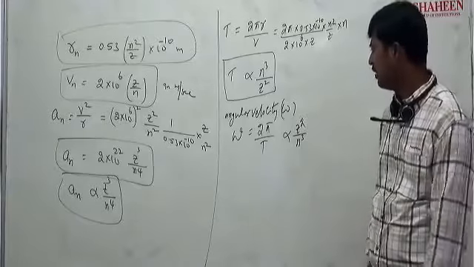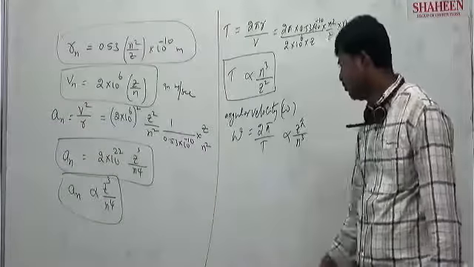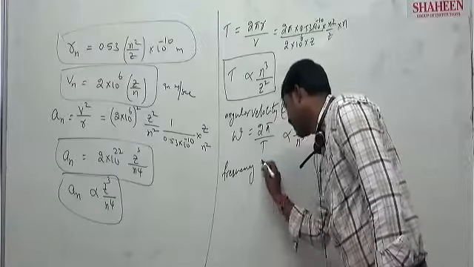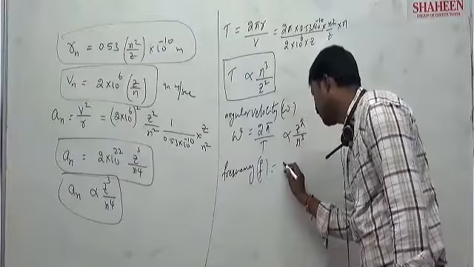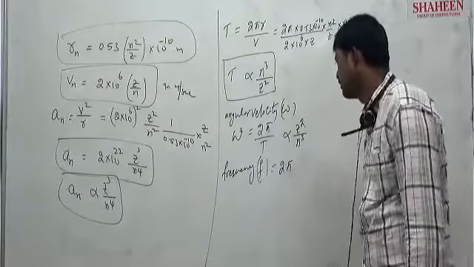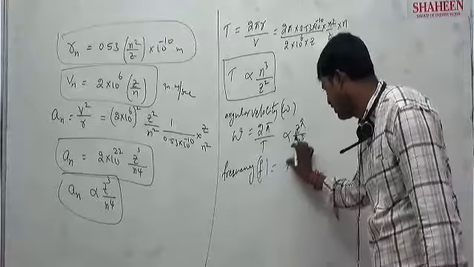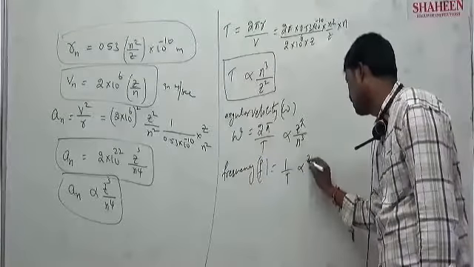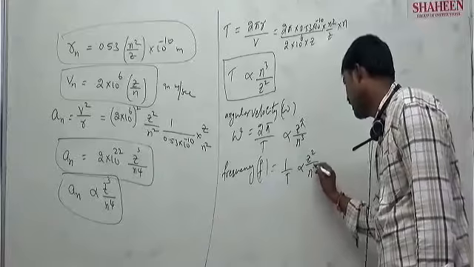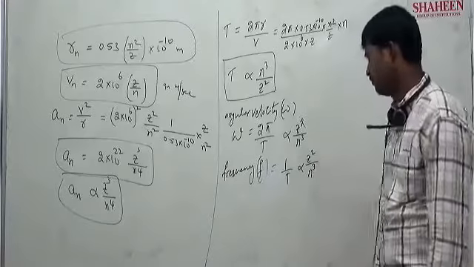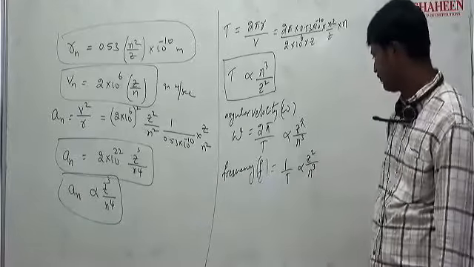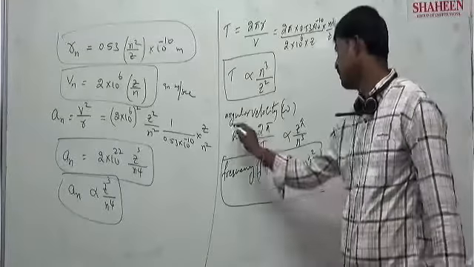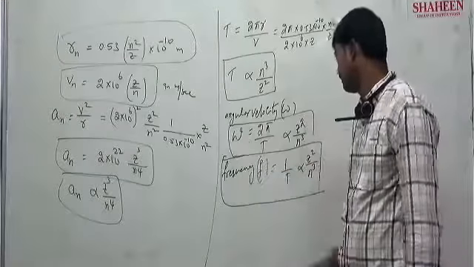Angular velocity. Next, frequency f. So frequency f is 1 by T. Frequency is also 1 by T only, so this is also proportional to z square by n cube. Correct? This is frequency.